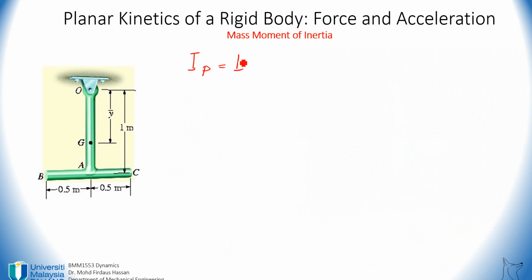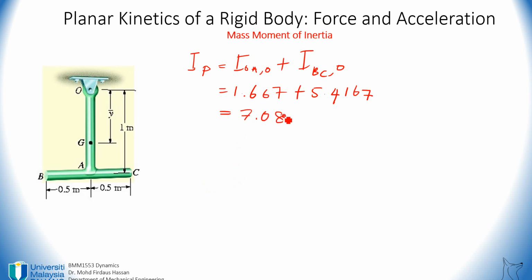I pendulum is I OA at O plus I BC at O, which is 1.667 plus 5.167. All right. Then the answer is 7.0837.